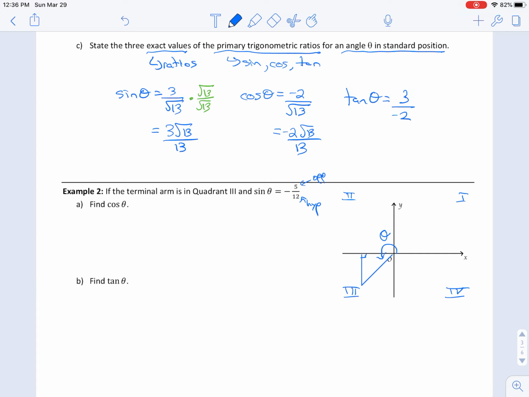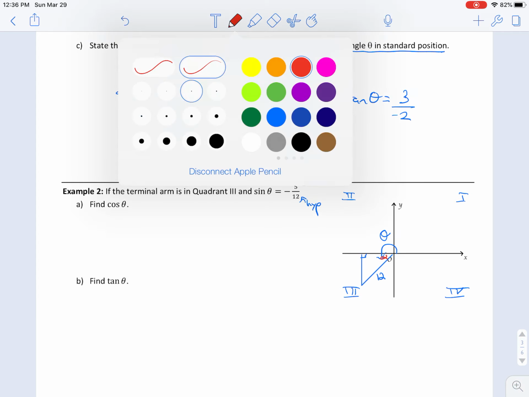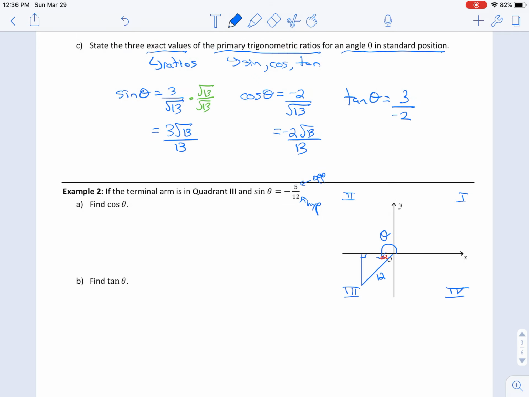So if I think of how I can label this triangle, I know the hypotenuse is 12, and I know that the opposite to this theta, again similar to alpha, is going to be -5. And I know it's negative because it's going down. So what I need to do is find x, and this is going to be an x that is a negative value.